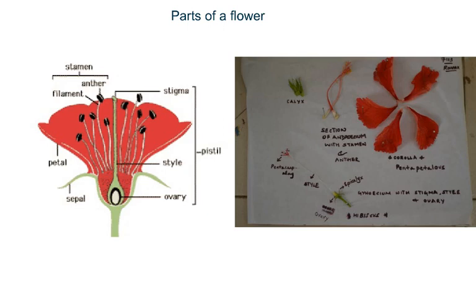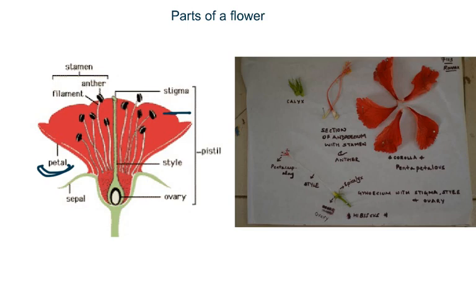The first part we are going to see is petal. Petals are the largest part of a flower. They are often attractive, bright colored, sometimes sweet scented. Do you know why petals are brightly colored and have a sweet smell? The reason is to attract insects and birds.